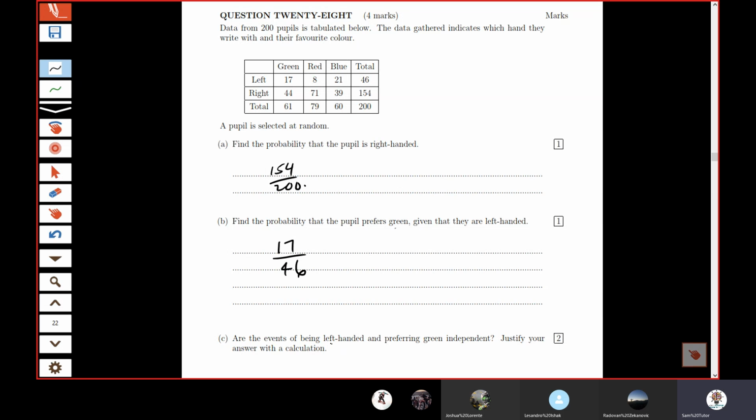Are the events of being left-handed and preferring green independent events? Justify your answer with calculation. For them to be independent, do we remember what the formula was?